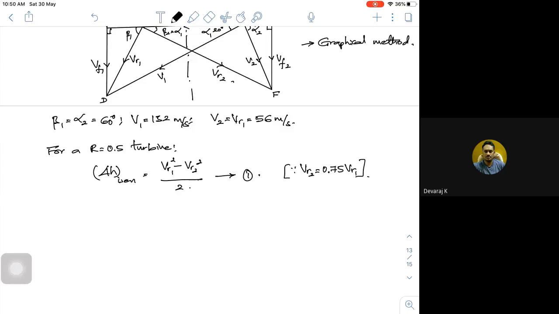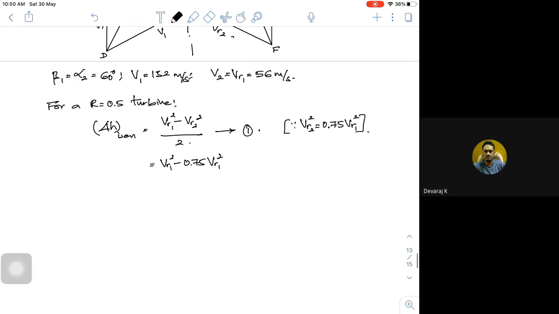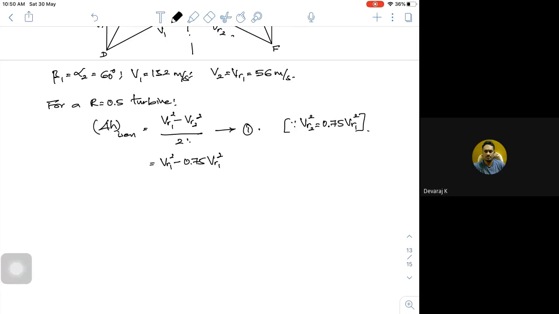So what I will do is VR1 square minus 0.75 VR1 square, the drop in that, divided by 2 into nozzle efficiency. What is my VR2?